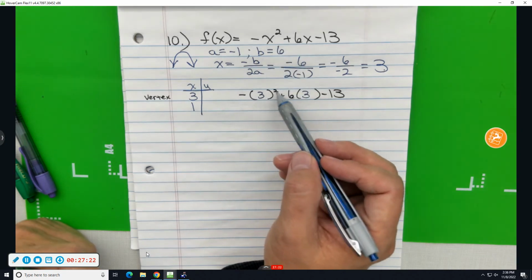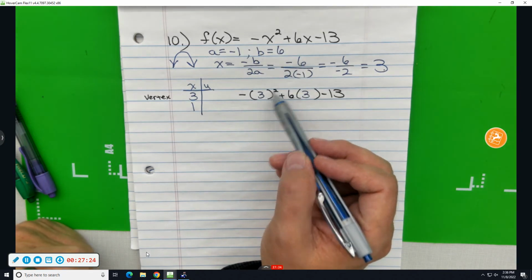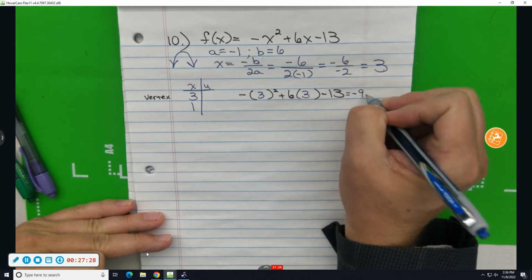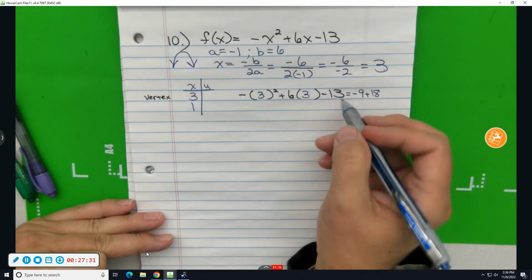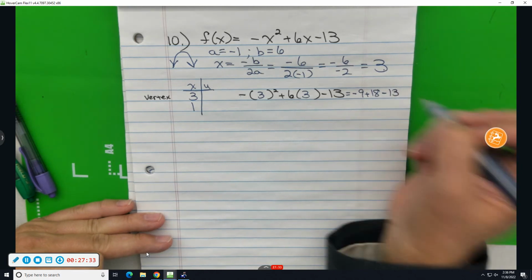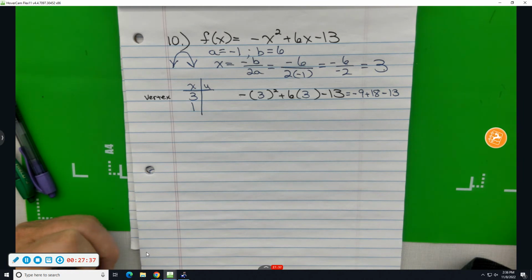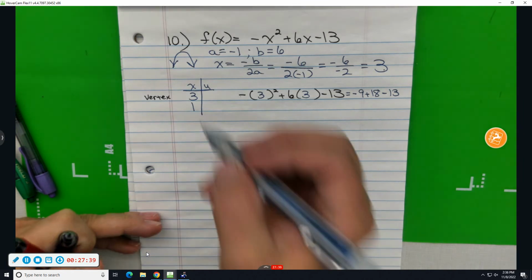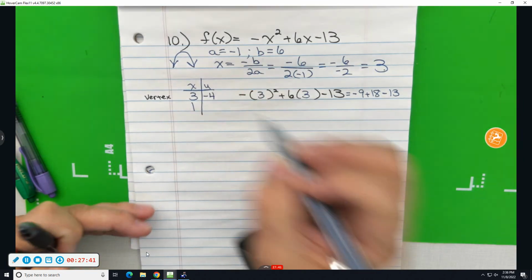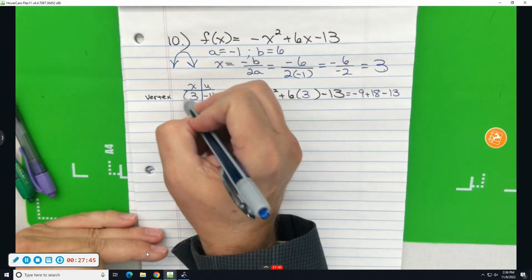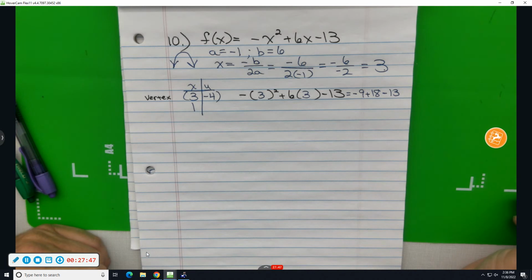We take 3 squared, that's 9, you make it negative. So we have -9 plus 18 minus 13. -9 plus 18 is 9, minus 13 gives me a y value of -4. There's my vertex. The ordered pair, 3, -4.